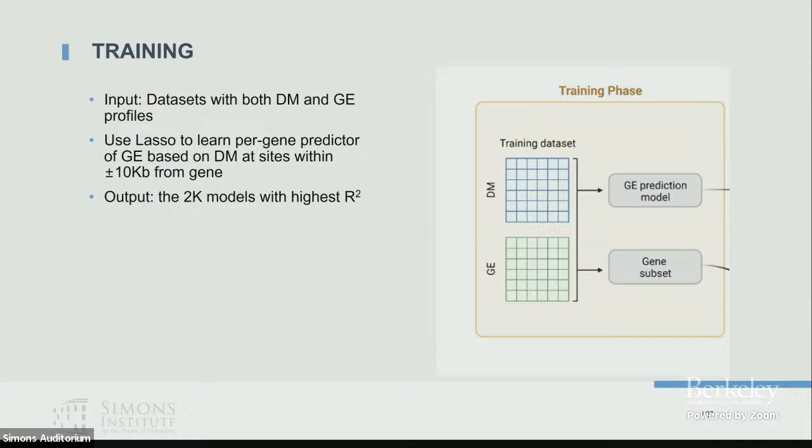We actually exclude the gene body and the 5' UTR sites, and for the rest, we summarize the signal and we use lasso to obtain the regression coefficients. And we pick the 2000 models with the highest R squared. That will be the result of the training.